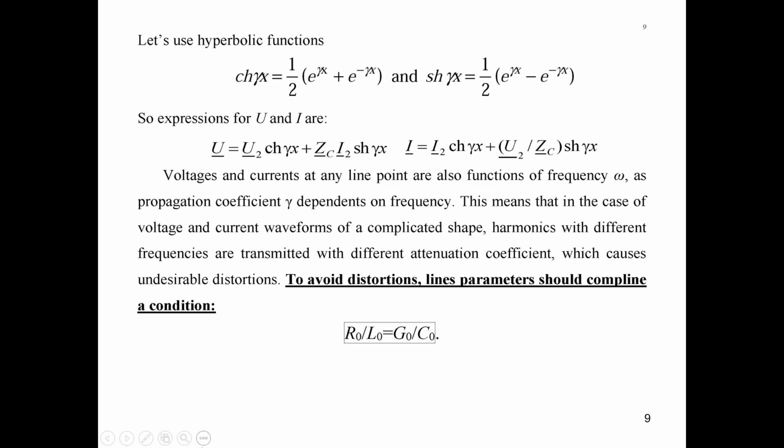And it means that if we have voltage and current waveforms of complicated shapes, as a sum of different harmonics with different frequencies, when such waves are transmitted through such lines, the attenuation coefficient will be different for different harmonics with different omegas, substantial distortion can take place, and to avoid this distortion, line parameters should comply with such conditions.